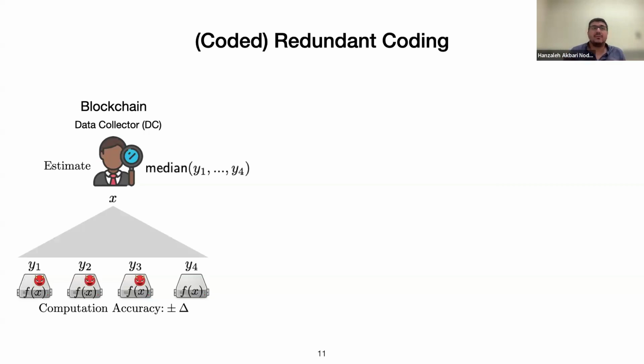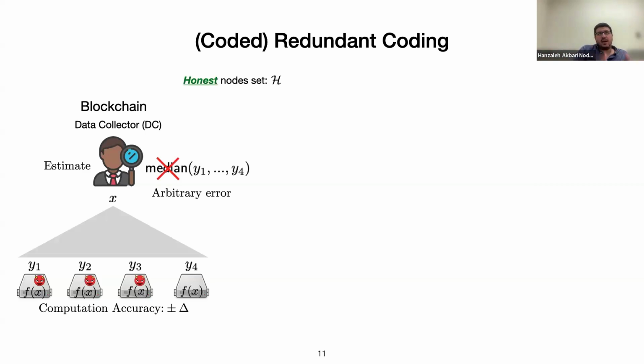But if we are not in the honest majority assumption, for example, among 4 nodes we have 3 adversarial nodes, the median scheme doesn't work. If the adversary has access to more than half of the nodes, the adversary can inject arbitrary error if the data collector is using the median.